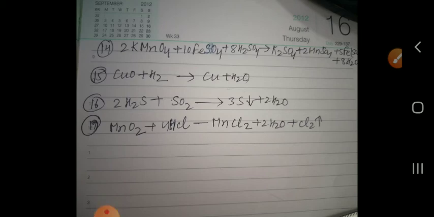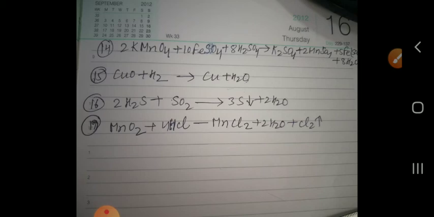So what things you have to keep in your mind: whatever capital letter is there, that should be capital. Whatever small letter is there, that should be small. How many atoms are participating, that should be written. And the balancing of the equation should be done. That means on the reactant side and product side, both sides the same atoms should be there. That means balancing of the equation should be there.